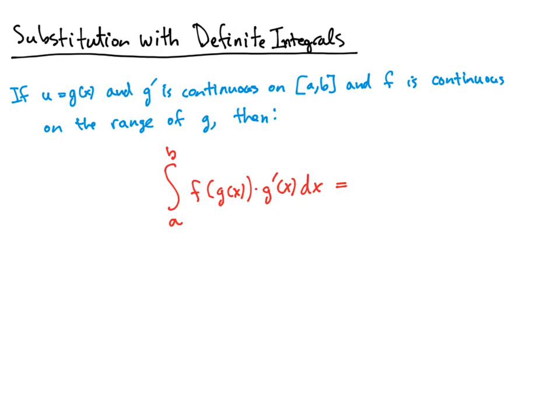The only difference here is that we have limits of integration, a to b. So this integral is going to be equal to the integral from g of a to g of b of f of u du.